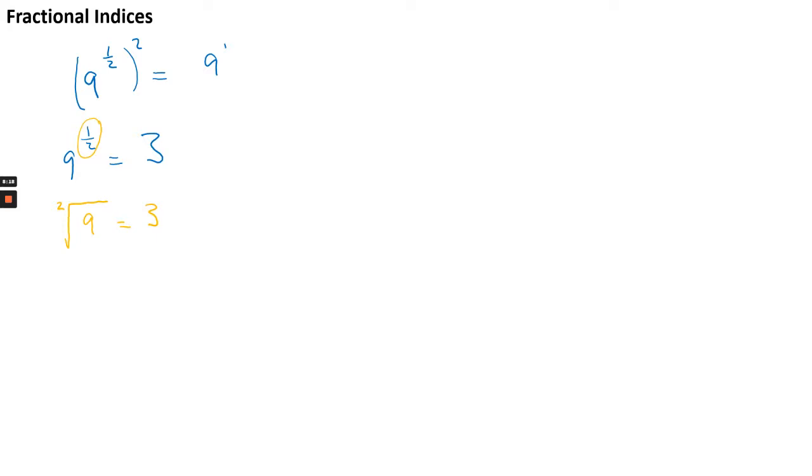But for instance, and we're going to look at this in a second, we can then suggest, let's say, 27 to the power of a third is going to be the cube root of 27, which in this case would also be 3. Okay, but the denominator here will tell us what root we're using.